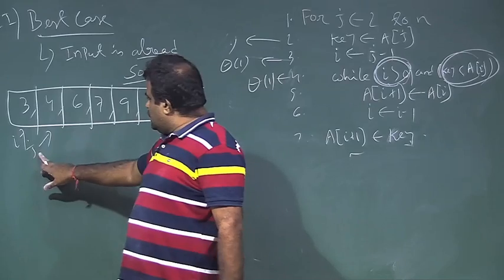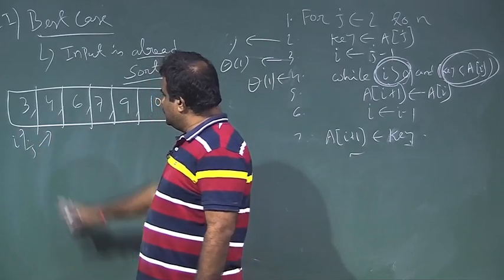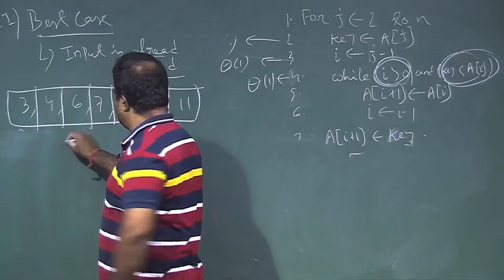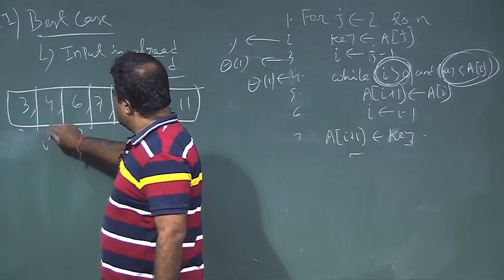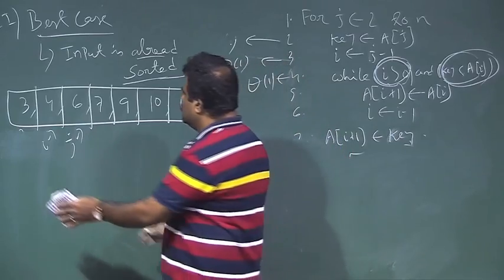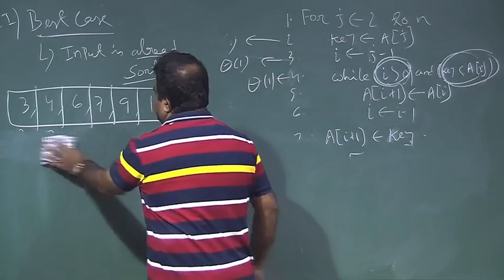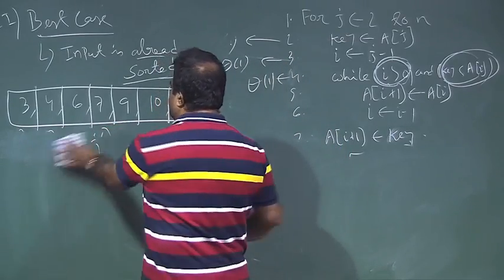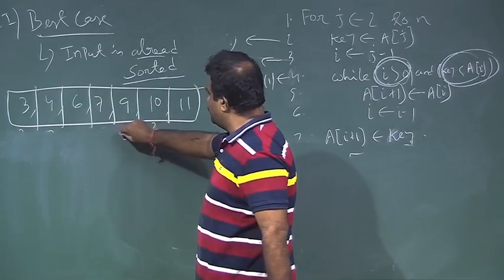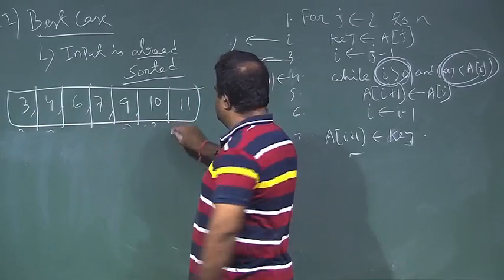Now j is pointing here, just one comparison, theta 1 time. Again nothing, j moves on, nothing, then j is gone.